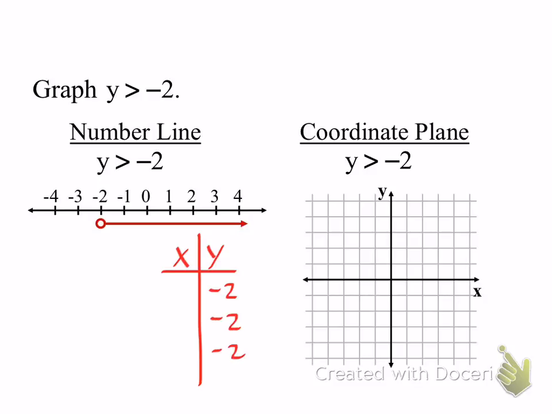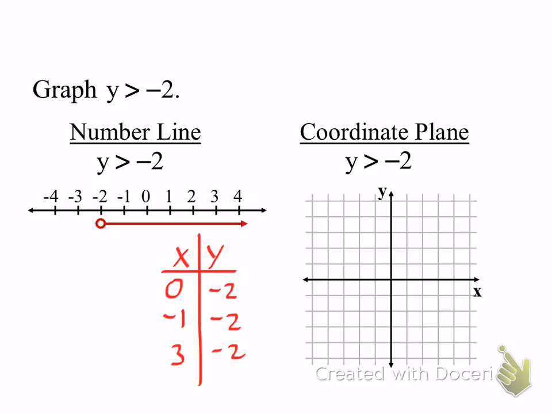And how do I get my x's? You pick 0, -1, and 1. Can't I pick like 3? I choose whatever I want for my x's, but my y's have to be a constant of -2.